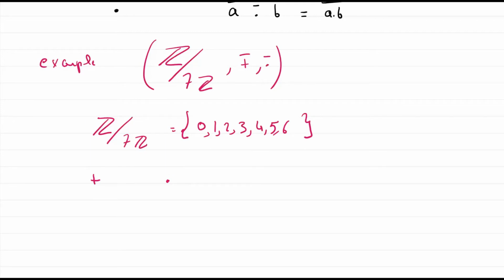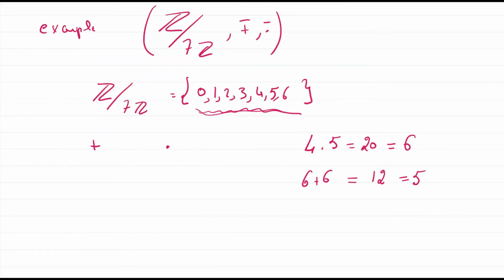So how do I multiply two numbers? For example, 4 times 5 is the same thing as 20. But if I want one of these elements, I just divide by 7 and take the remainder. So 20 equals 6 modulo 7. And 6 plus 6, for example, is 12, but this is the same thing modulo 7 as 5.